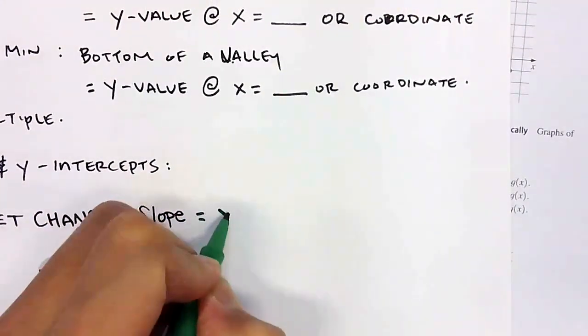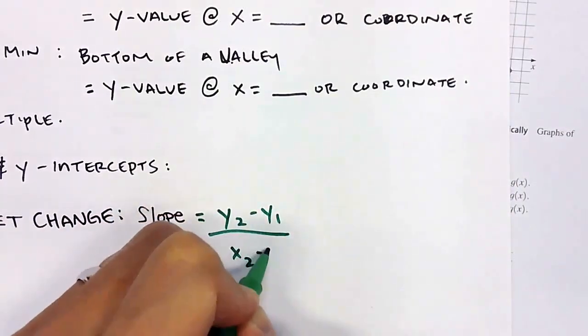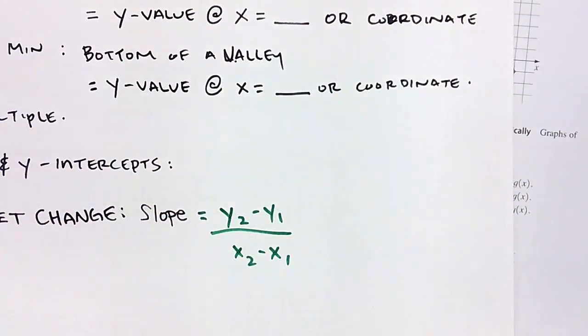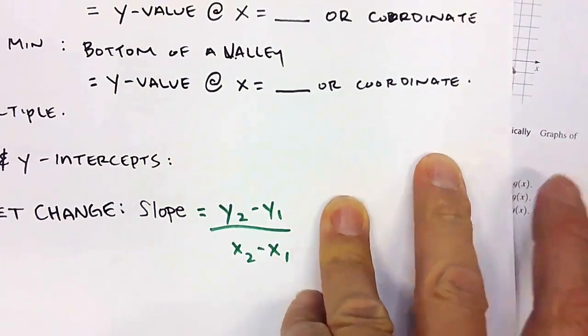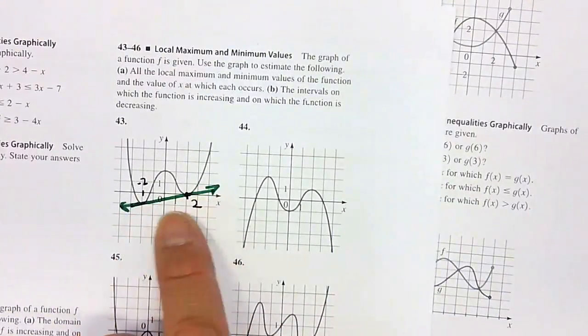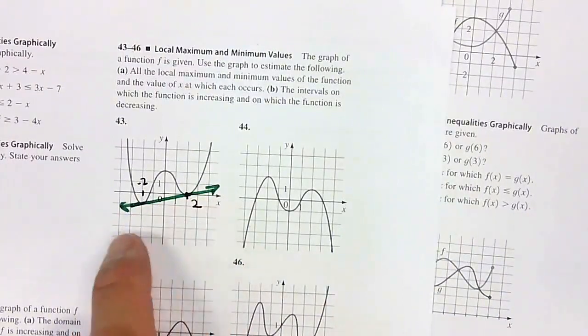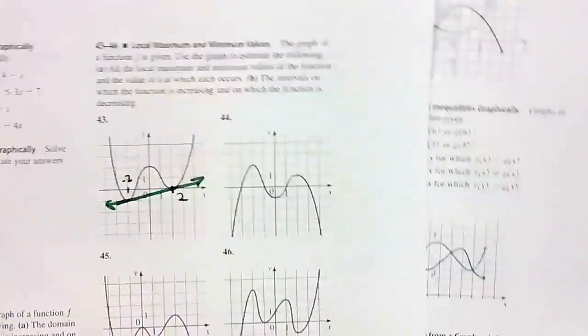It's just going to be y2 minus y1 over x2 minus x1. That's all we're doing. But it's net change, not slope, because we're getting a net change between points on the curve and not an actual line on the graph.